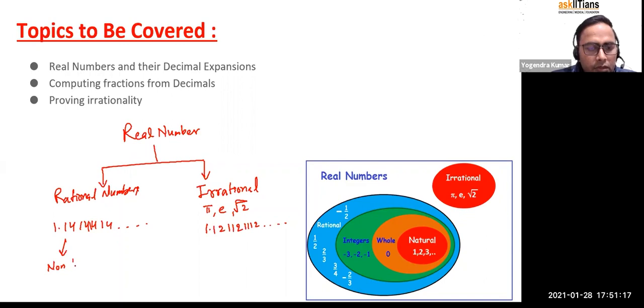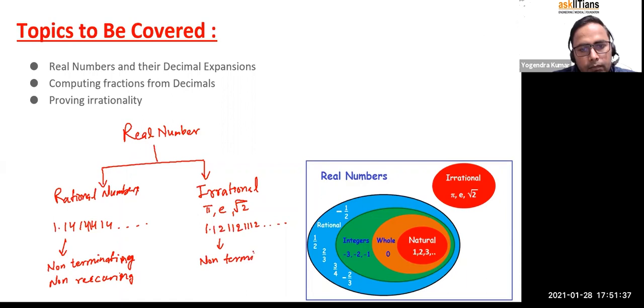This is the most confusing one, so I want to point it out properly. Non-terminating and non-recurring. But this one is non-terminating and recurring.